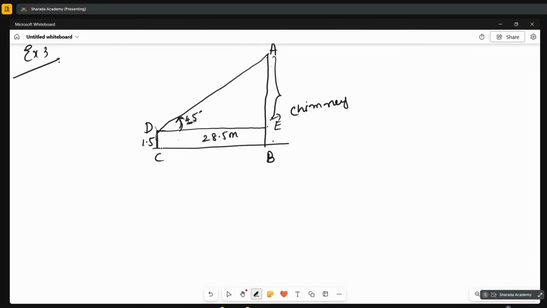That is why 1.5 meters above the ground you have to take the angle of elevation, because from the eyes it is approximately the head. From here you have to take.